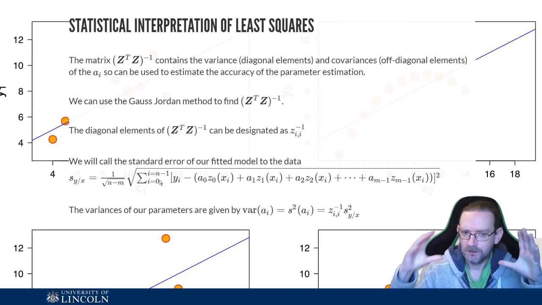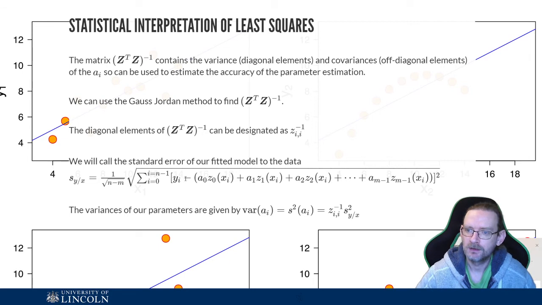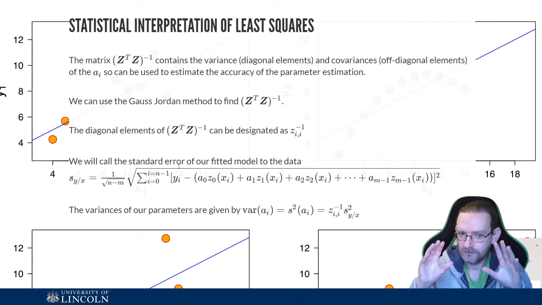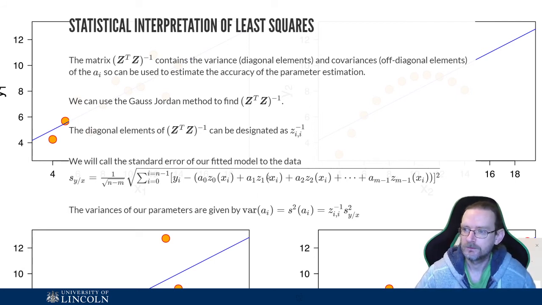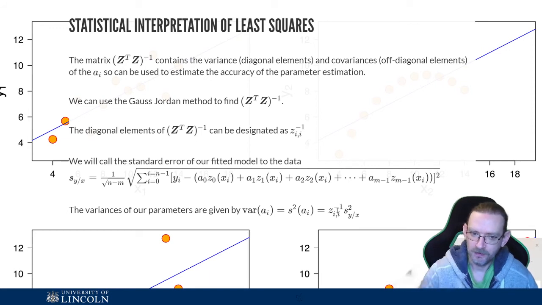It's essentially the square root of this thing we were minimizing, this error, but divided by the number of data points, more or less. There's a little bit of so-called degrees of freedom in there. For large numbers of data points, it's effectively divided by the square root of the number of points. And so the error comes from the diagonal element of the inverse of that matrix at the appropriate value for the given parameter.